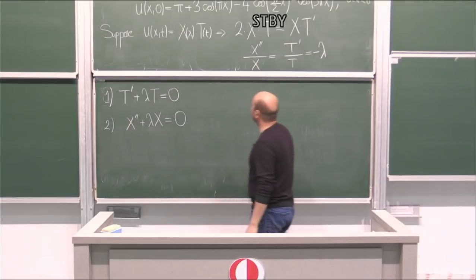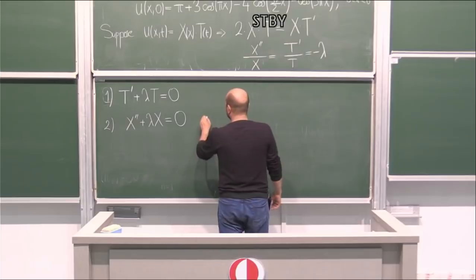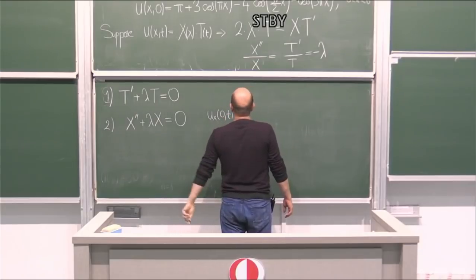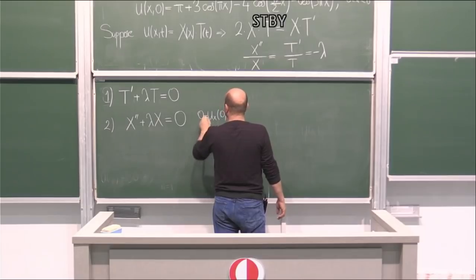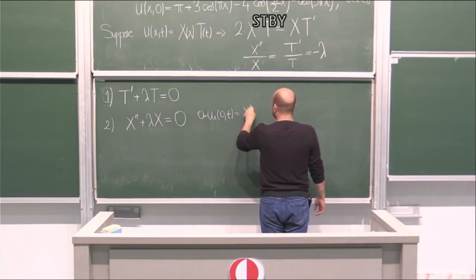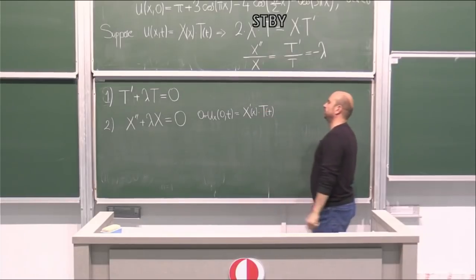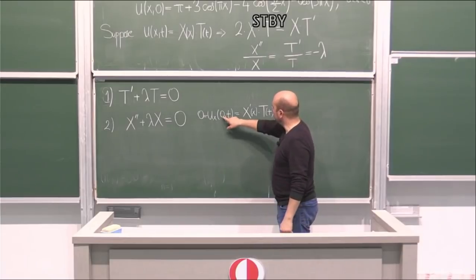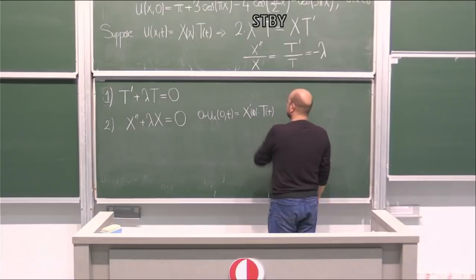Now, if you look at the conditions, our conditions were u sub x at (0,t) is 0. If you write this, this is going to be X prime times T of t, because I'm just taking the derivative with respect to x, and now x is 0. So this is going to be 0.